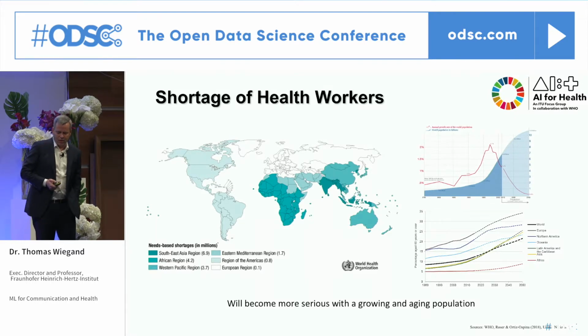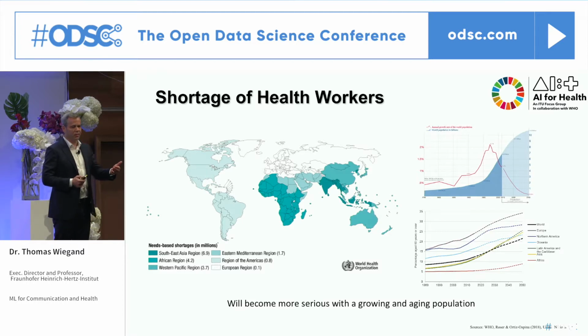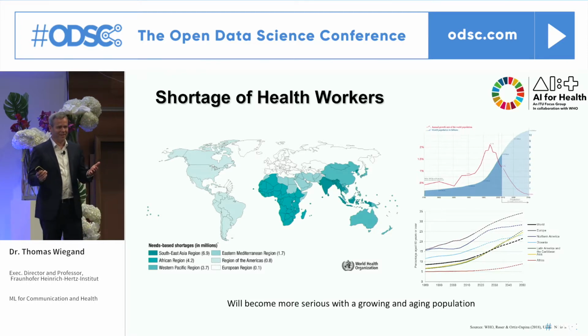One of the things that we are addressing is the shortage of health workers. There are millions of health workers missing. If you type your symptom into Google, the links you look at, you are practically dead, right? That's at least my experience. So there are some apps out there that are working quite well, for instance, Ada.